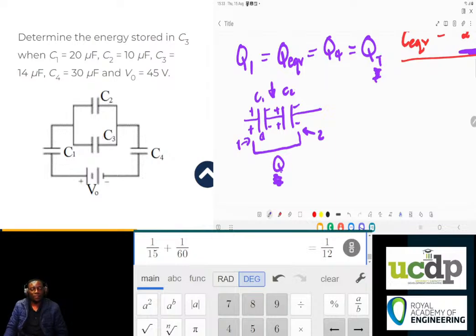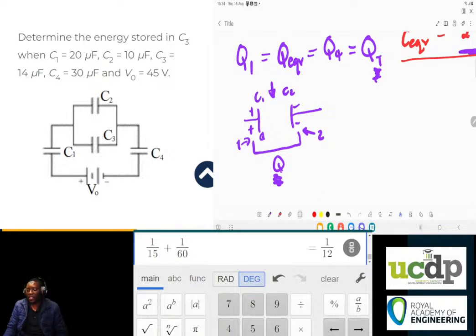So what I was explaining further was to say, think of bringing in this new capacitor. Think of it as what would happen when we remove this part and we still have that capacitor there.